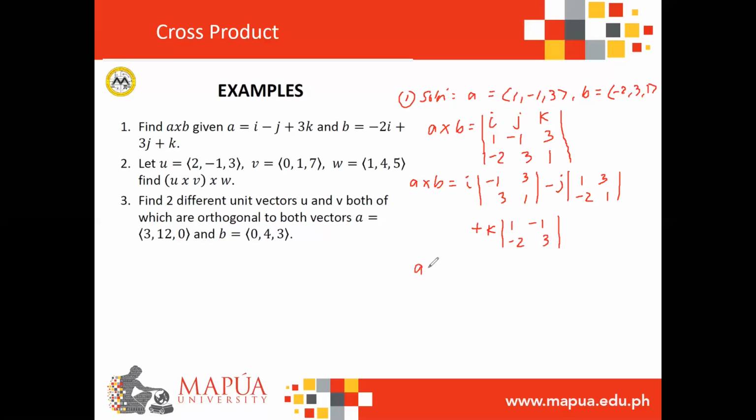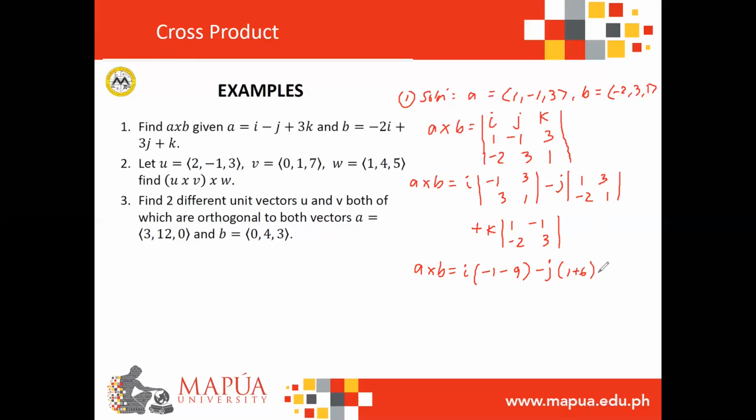So let's now have A cross B. We have i, then applying the 2 by 2 determinant. Negative 1 times 1 is negative 1, minus 3 times 3 is 9. Then you have minus j, then applying the determinant of 2 by 2. Starting from the upper left corner, 1 times 1, diagonal multiplication, that's 1, minus 3 times negative 2 is negative 6, and minus times negative, that's positive 6.